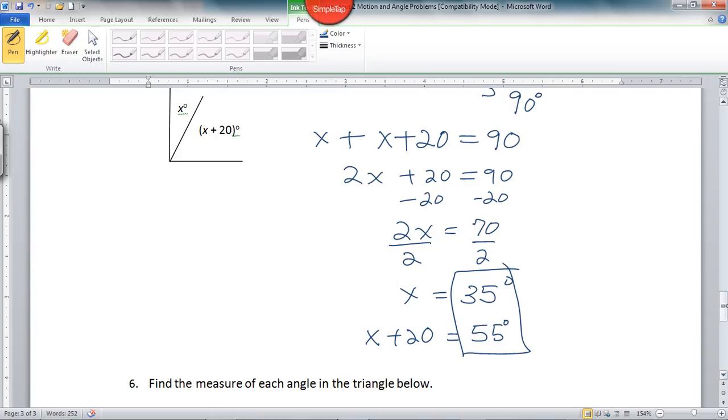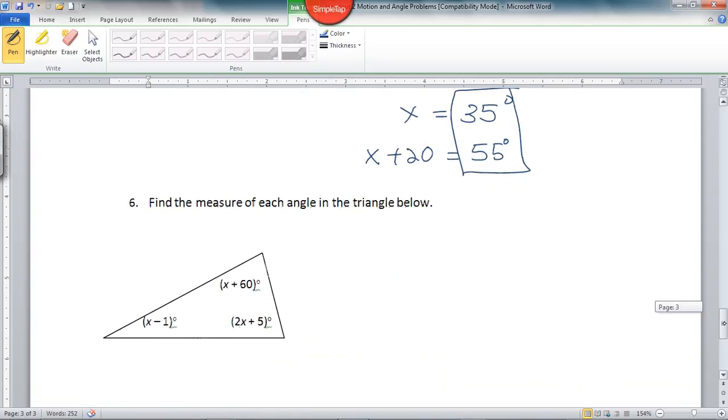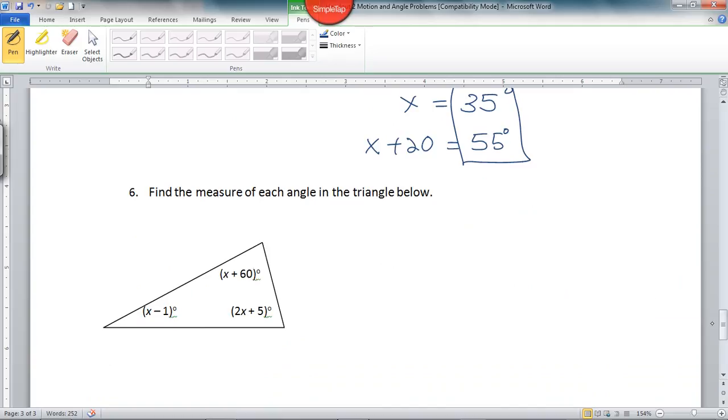All right. One more of these angle problems. Find the measure of each angle in the triangle below. Now we've got a triangle and we know expressions for each of the angles. What do we know about that?